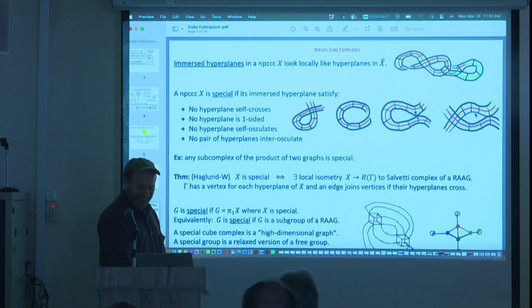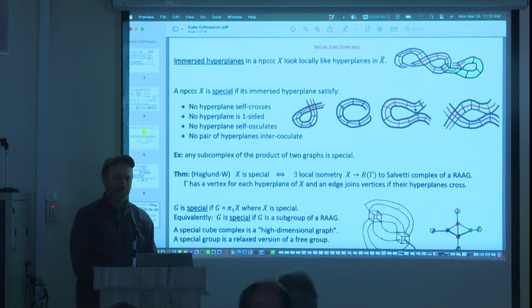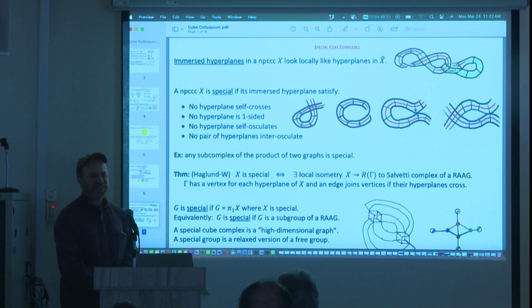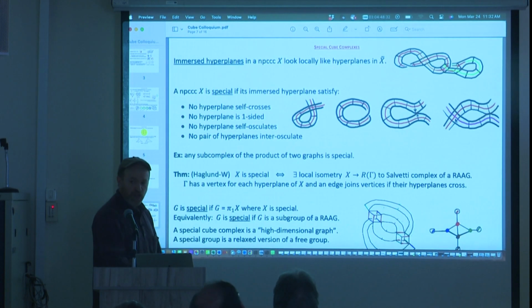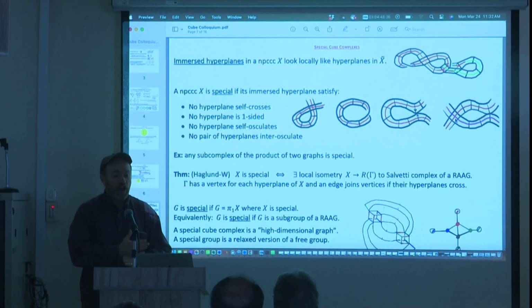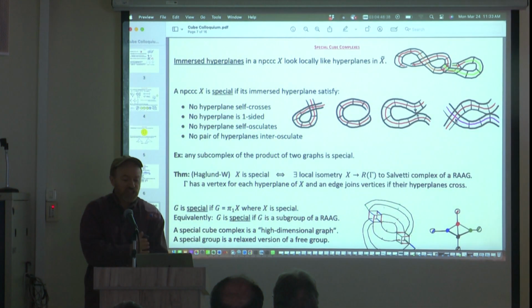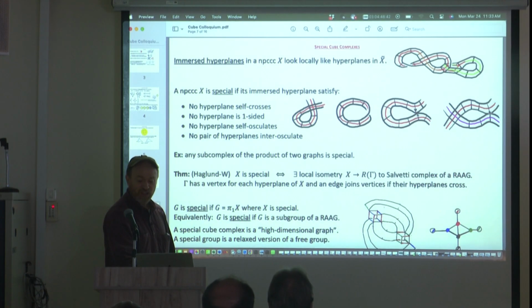Okay? The fourth is no pair of hyperplanes interosculate. That's a hard definition. So that says if two hyperplanes, like this red one and the purple one, cross each other in one spot, they can't just come right next to each other and osculate in another spot.